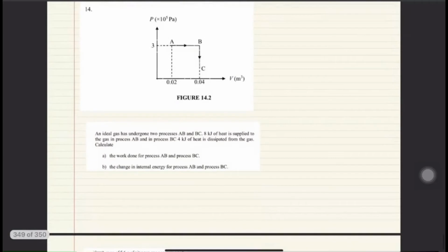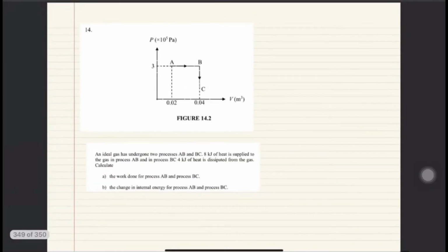Okay, let's move on to the next question. Question 14. An ideal gas has undergone two processes, AB and BC. 8 kilojoule of heat is supplied to the gas in the process of AB. Kalau saya nak label, Q dekat AB is equals to 8 kilojoule.